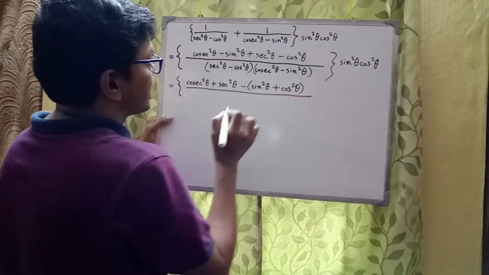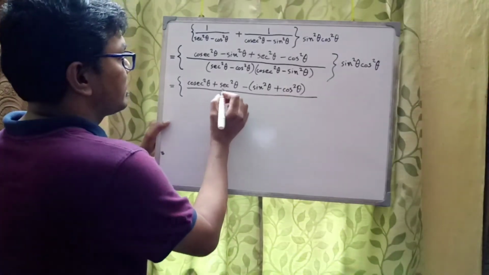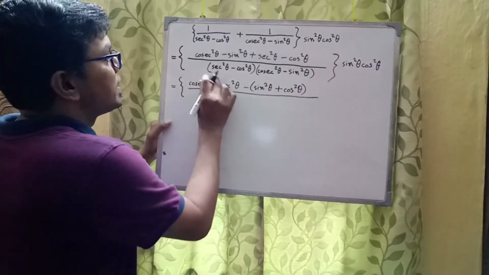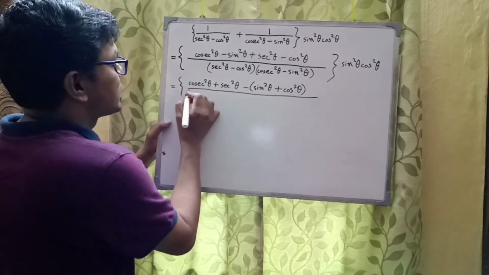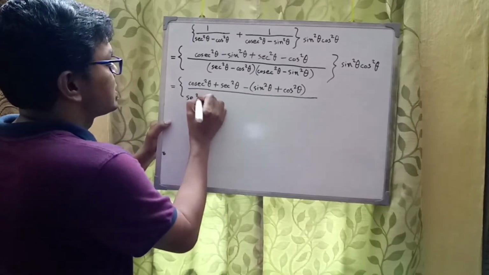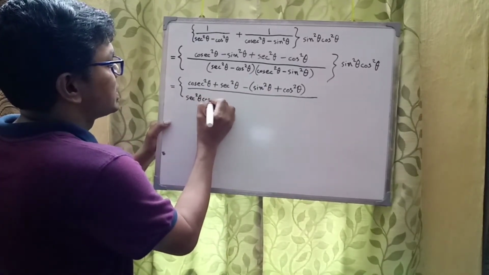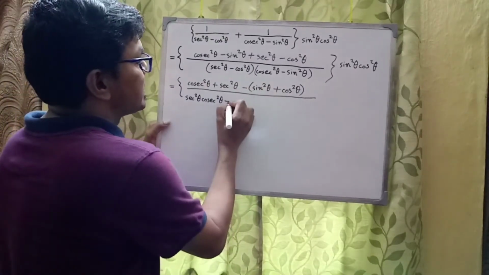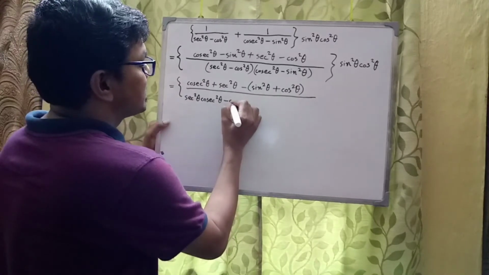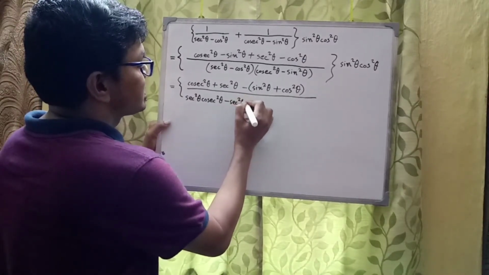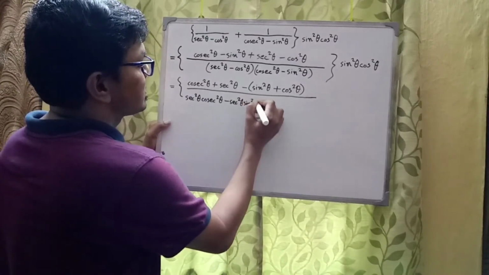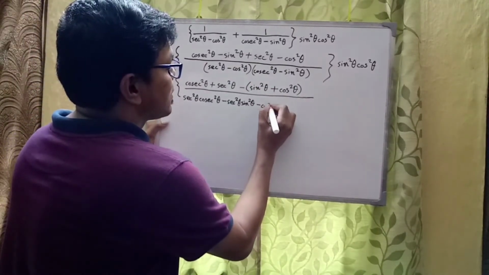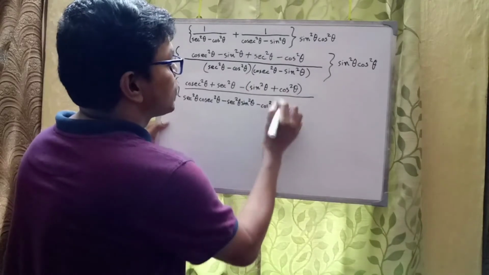In the denominator, we have this factor into this factor. Let's multiply the whole thing. The first term would be sec² θ cosec² θ, minus sec² θ sin² θ, minus cos² θ cosec² θ.